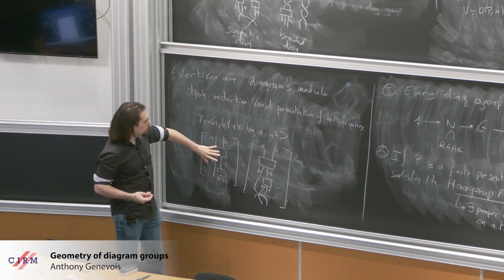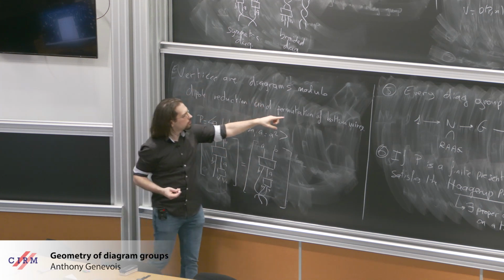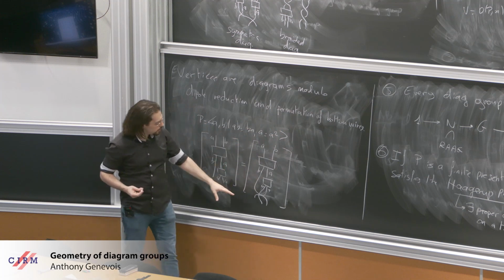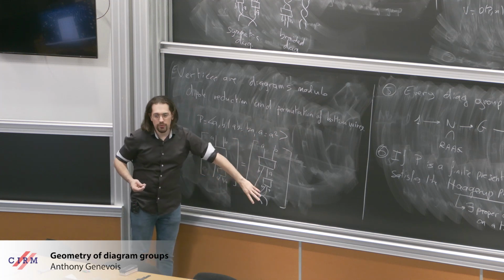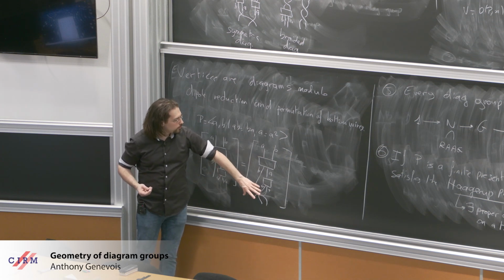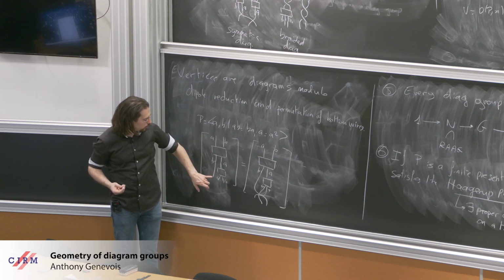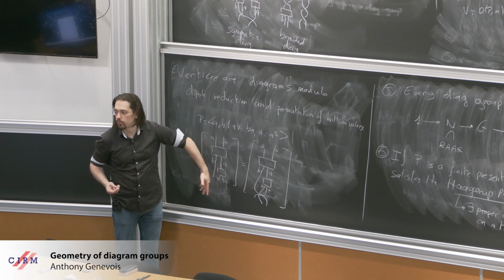And you get a median graph with an action, and you have non-trivial vertex stabilizers precisely because of this permutation. They are finite because you are allowed to permute the bottom wires, and so the stabilizer of this vertex will be precisely a copy of the symmetric group on three elements, which corresponds exactly to the three bottom wires.